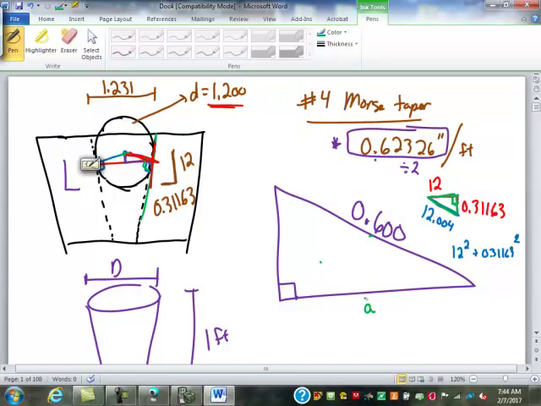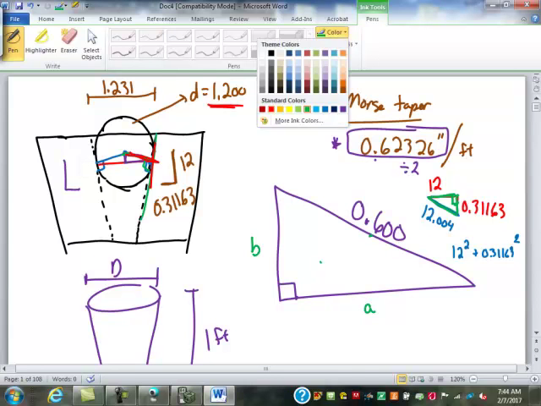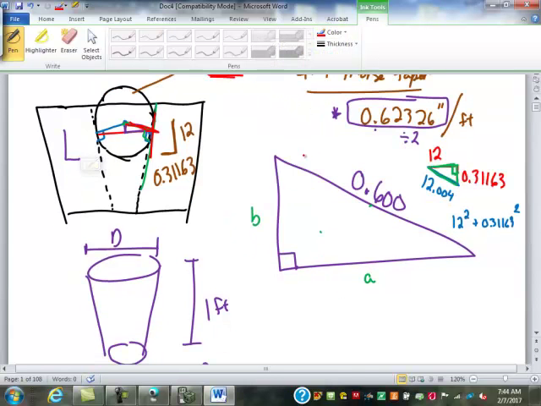So if I call this side A and this side B, I know that the 0.6 relates to the 12.004 because those are both the hypotenuse, right? In the same way that A relates to the 12. A is horizontal, 12 is horizontal.